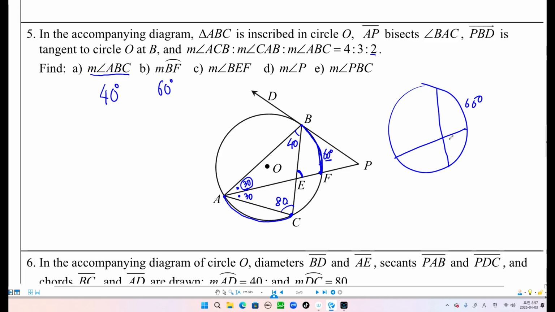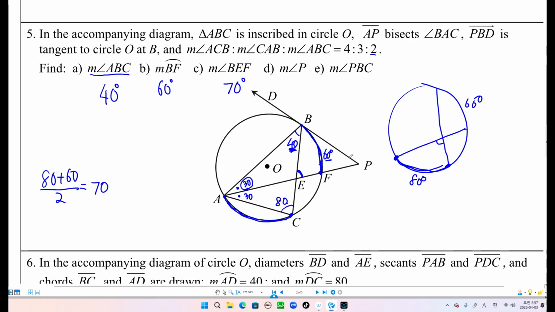This side, this side, this angle. Okay, we have an inscribed angle. So this one is twice the inscribed angle, 80 degrees, right? That is an intersection. So how do we get it? I'm going to write down 80 plus 60 and divide by 2. Okay, this is 70. That's 70 degrees.